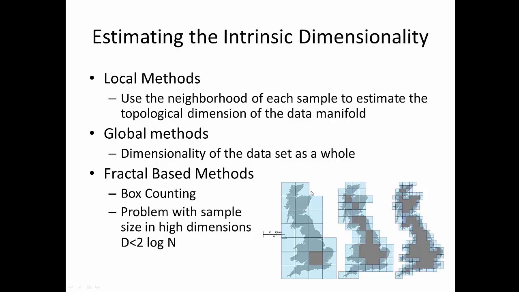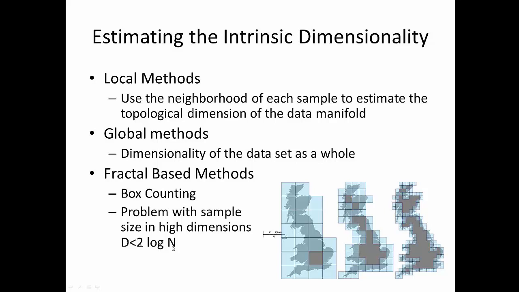It would be very nice to apply this to gene expression data, but unfortunately there's a relationship between the dimensionality that you can capture with a given sample size, and it's logarithmic. So this is kind of a problem. You need extremely large sample sizes.